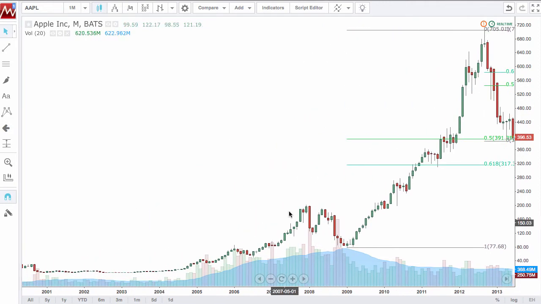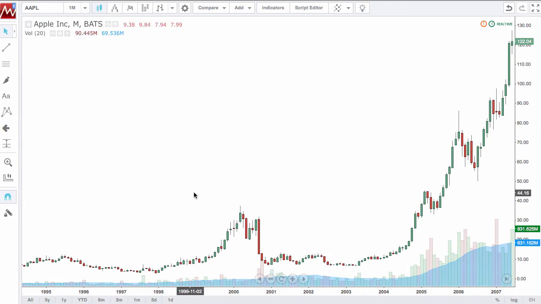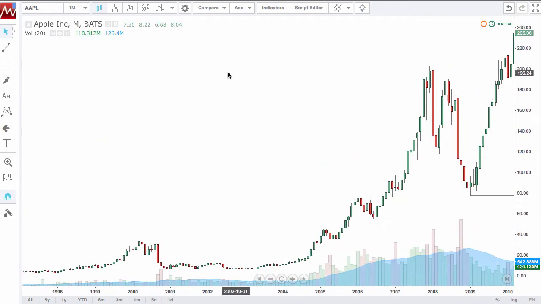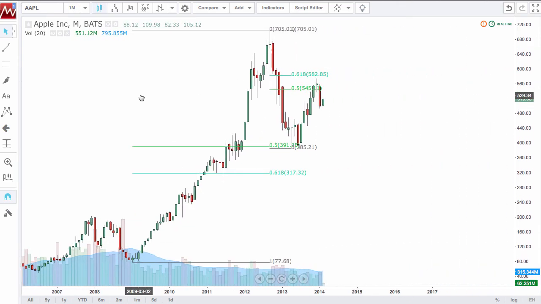We see it back here, rallies back up. This is way back, but rallies back up, comes down, tries to get back up, falls. I mean, it happened over here as well. And it's happened in the past. So this stock is not immune to these kinds of massive sell-offs and massive rallies. It's very common in this stock.